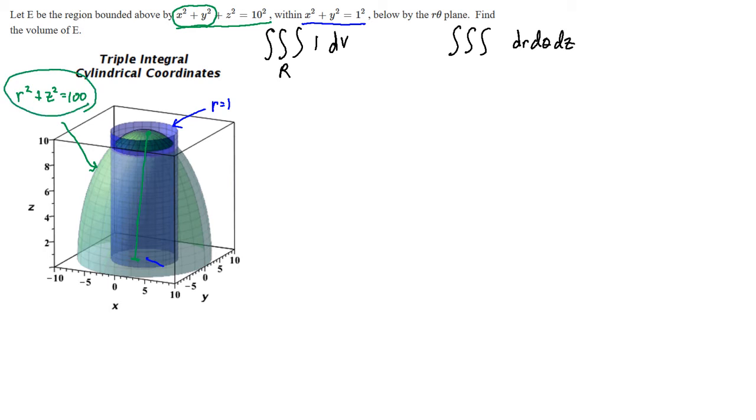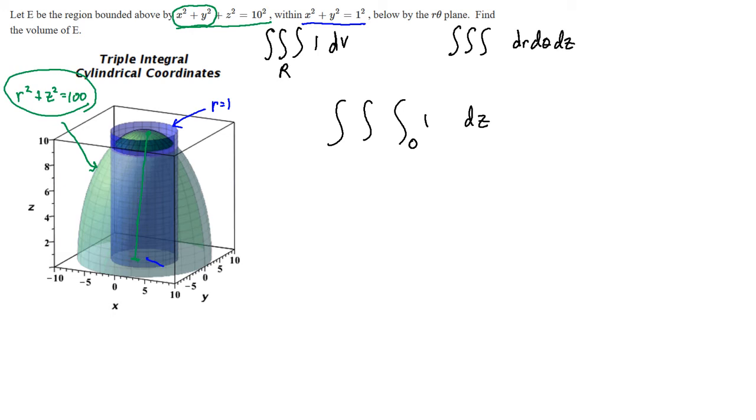So we're going to begin our integration with a dz. And as I just mentioned, we're going to be going from the bottom, which is the xy plane, to the top, which is this sphere, r squared plus z squared equals 100.